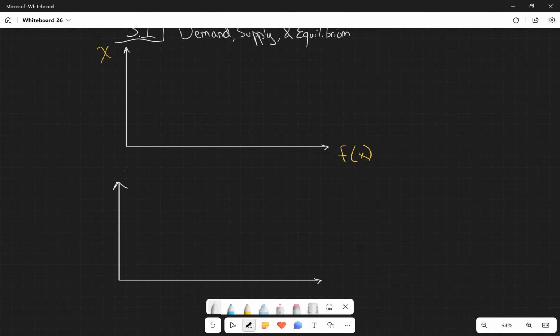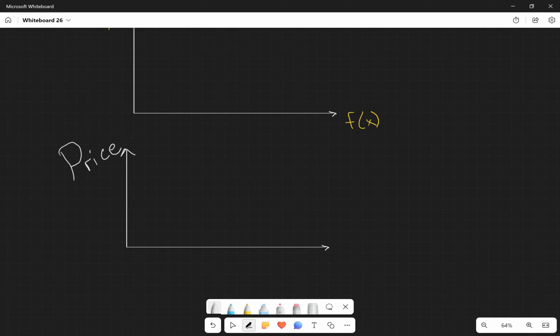And this independent variable for economics and all the rest of economics that you're going to take is going to be price. So we put the price on the y variable, traditionally the y-axis. And then we put the quantity on the x-axis.